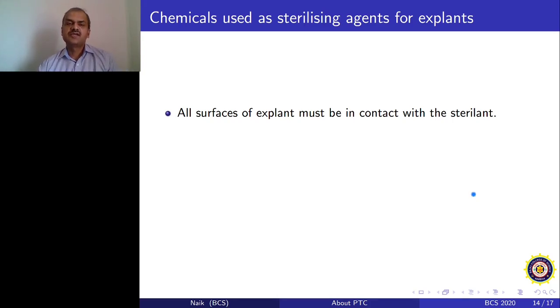The best way to sterilize is to have a 250 ml conical flask with around 100 to 150 ml sterilizing solution inside that autoclaved conical flask, and when you put explants like axillary bud, apical bud or internode, you shake them vigorously.